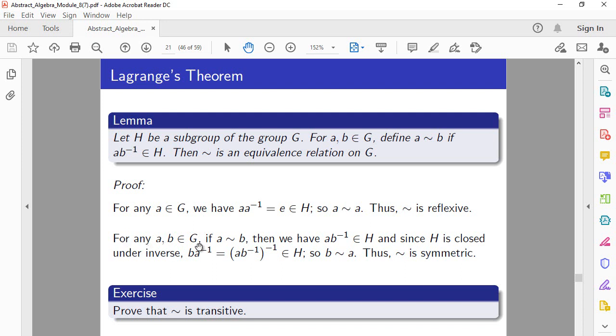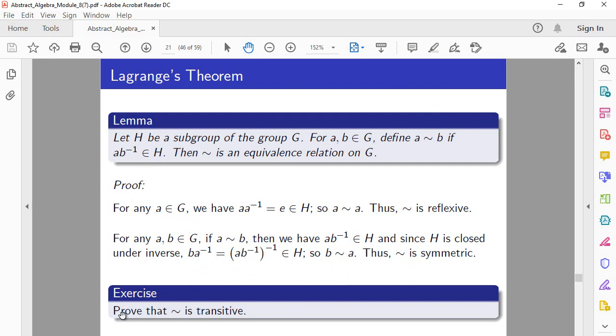For any A, B in G, if A is related to B, that means that AB inverse is in H. Since H is closed under inverses, the inverse of AB inverse will also be in H. That inverse is equal to BA inverse, and because BA inverse belongs to H, B is related to A. So tilde is symmetric as well.